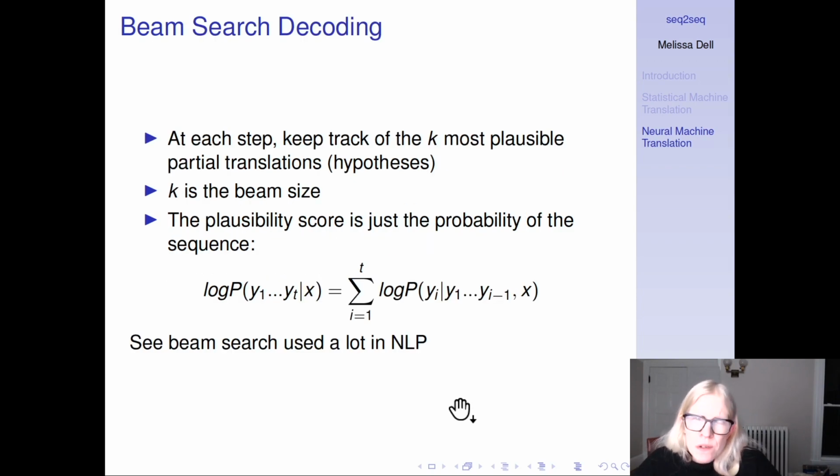And so beam search, which you'll often see used in practice, at each step keeps track of the K most plausible partial translations, where K is the beam size. And the plausibility score is just the probability of the sequence. You'll see beam search used a lot in NLP.